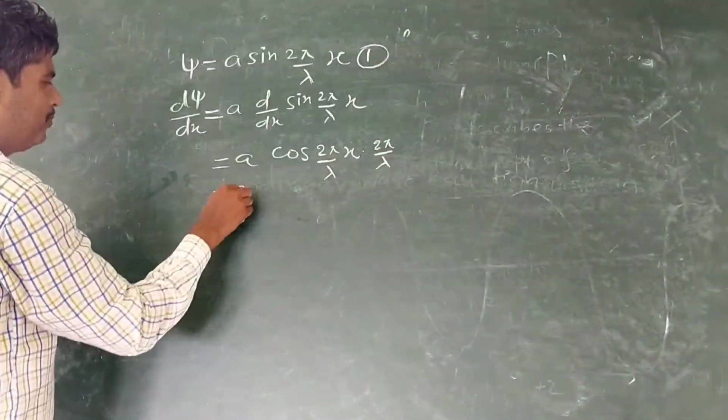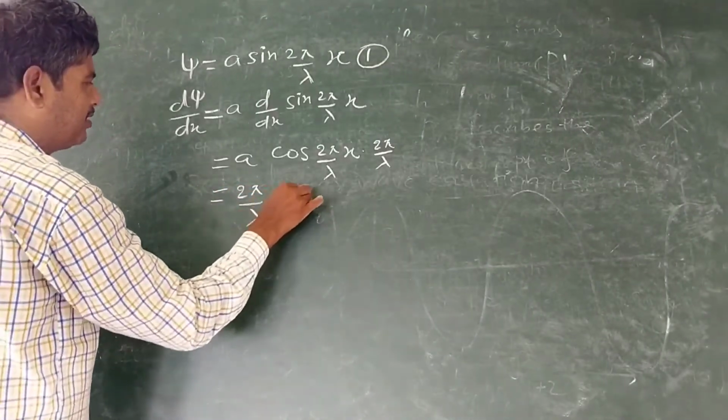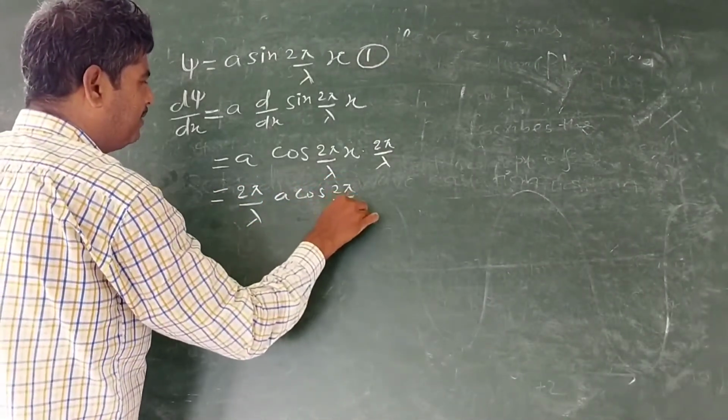Thus 2 pi by lambda into a cos 2 pi by lambda into x.